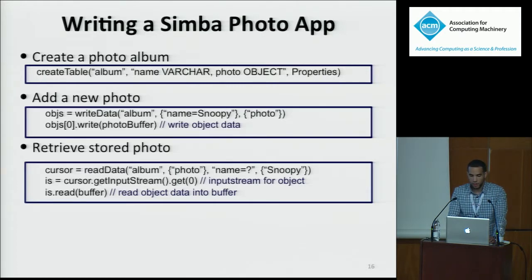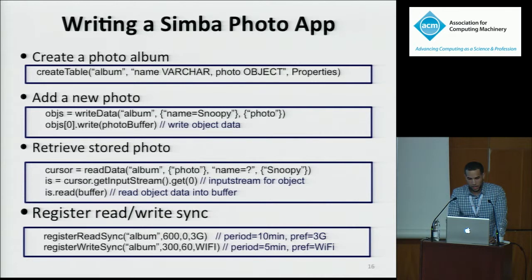Next, Simba offers methods for reading and writing tabular and object data. In this case, you can see that objects are written to and from streams, which is common for mobile apps. But the highlight here is that we also register this table for use with the Simba Sync service by registering a read or write subscription. In this subscription, we can specify the period at which an app synchronizes with the Simba server, or the Simba Cloud, and other preferences.